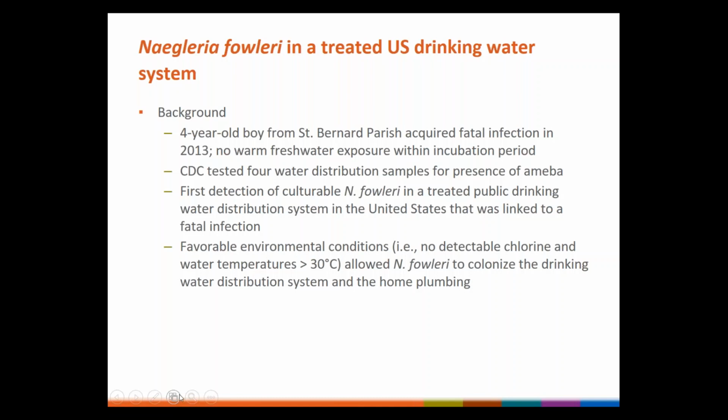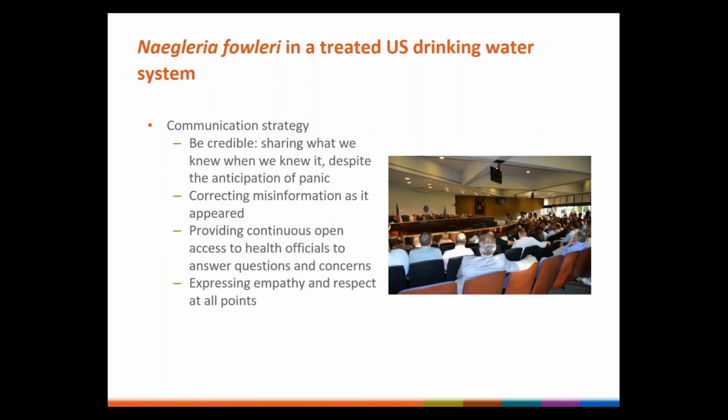And obviously during that time period, it was important to have ongoing regular communication with the community. And so as we helped the state of Louisiana and the local community deal with that, it was important for us to be credible, sharing what we know and what we didn't know, because people were feeling that risk at a very heightened sense, because this was water that they used to bathe their kids, this is water they drank.